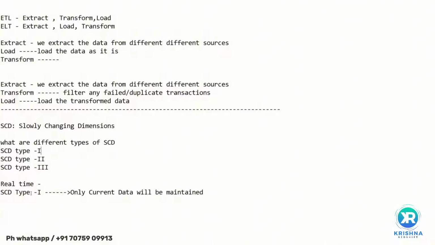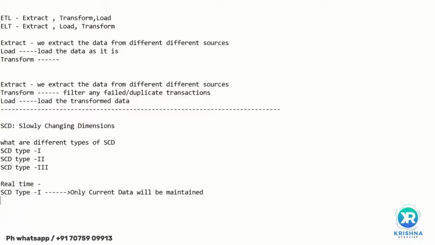So SCD type 1 means slowly changing dimensions type 1. In these tables, they will only maintain current data, latest data. For example, every day ATM transactions are generated or railway reservations are happening, right? So for today's ATM transactions, only today's data will be maintained in this table. That's it.